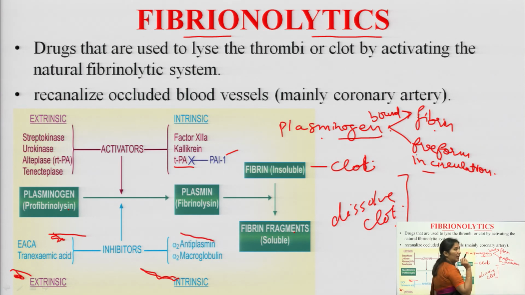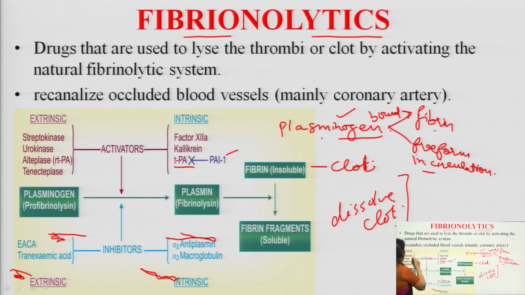It does not affect plasminogen that is in the free form. Thus this plasminogen will convert into plasmin, and this plasmin will convert insoluble fibrin, that is clot, to fibrin degraded products, thus it will dissolve the clot.